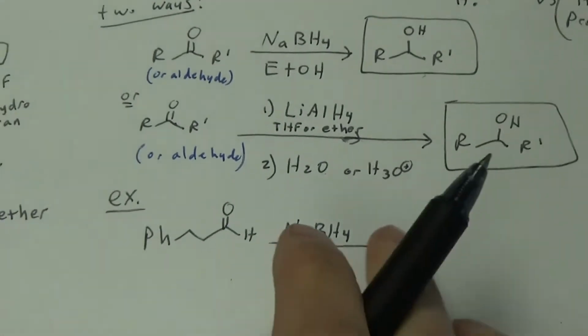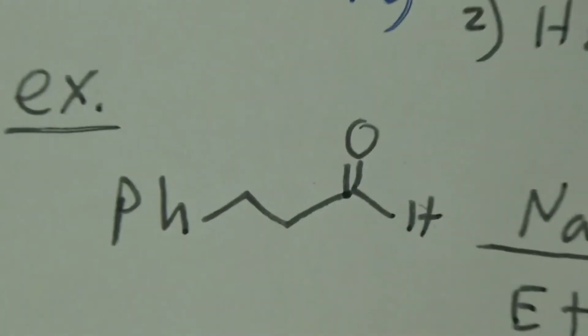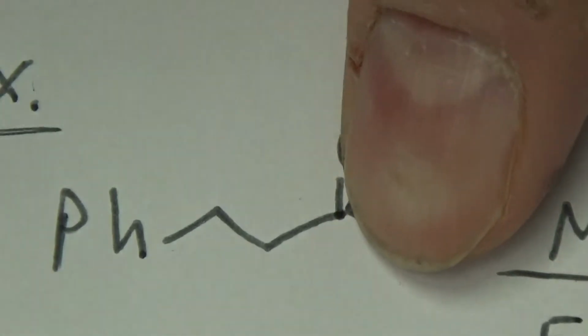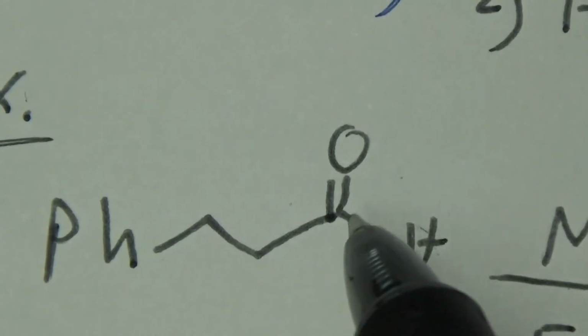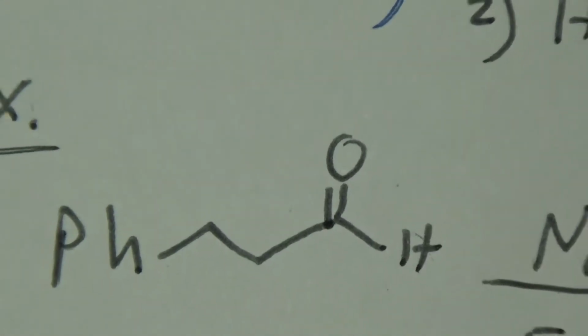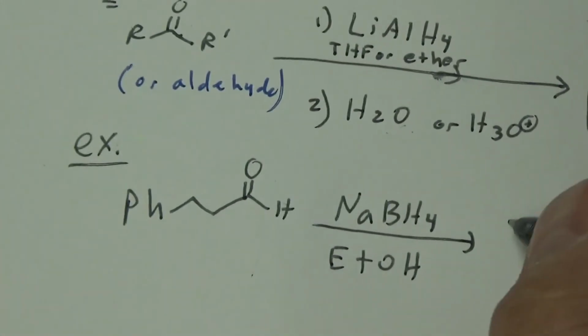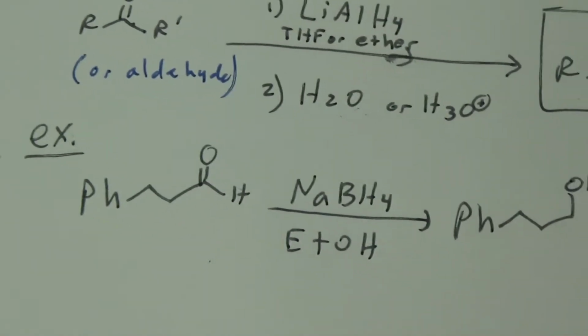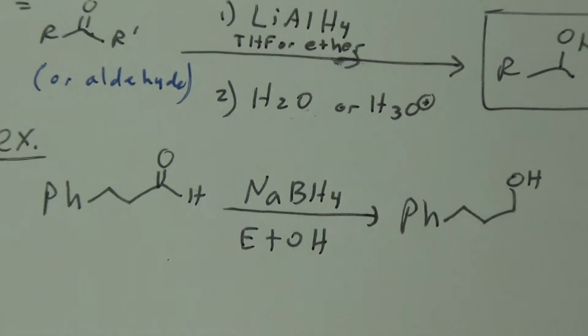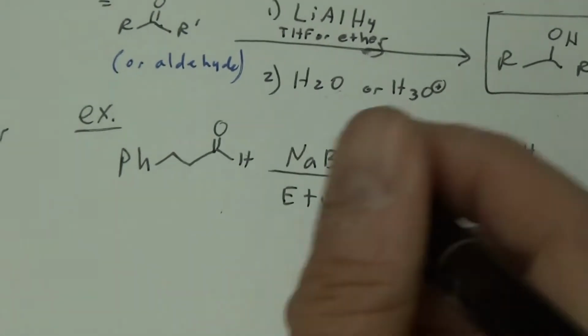You can envision that by thinking, what happens if you have one less bond to oxygen? You went from 2 bonds to oxygen down to 1 bond to oxygen. It would be a primary alcohol. So it would be that primary alcohol. Okay, I'll show the mechanism in a second.